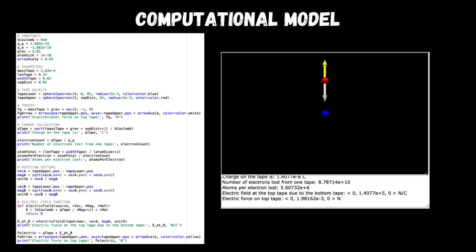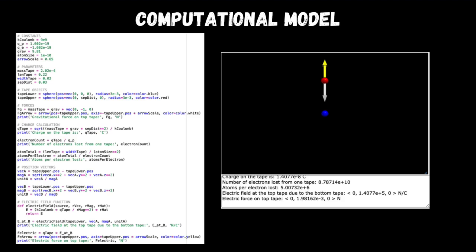On the right, we can see a free body diagram and also the charge on the tape, the number of electrons lost from one tape, the atoms per electron lost, and the electric field and electric force. And these are the ideal results, obviously, due to experimental error that we cannot avoid in the real world.